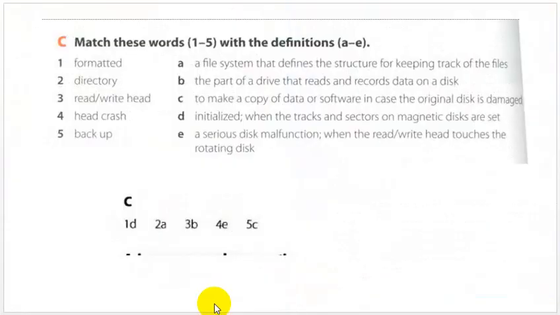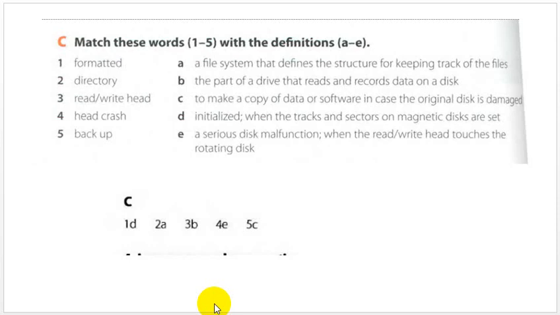match these words. These are the exercises. You can do it by yourself, or for example, what is format? Format means initialize, when the tracks and sectors on a magnetic disk are set.